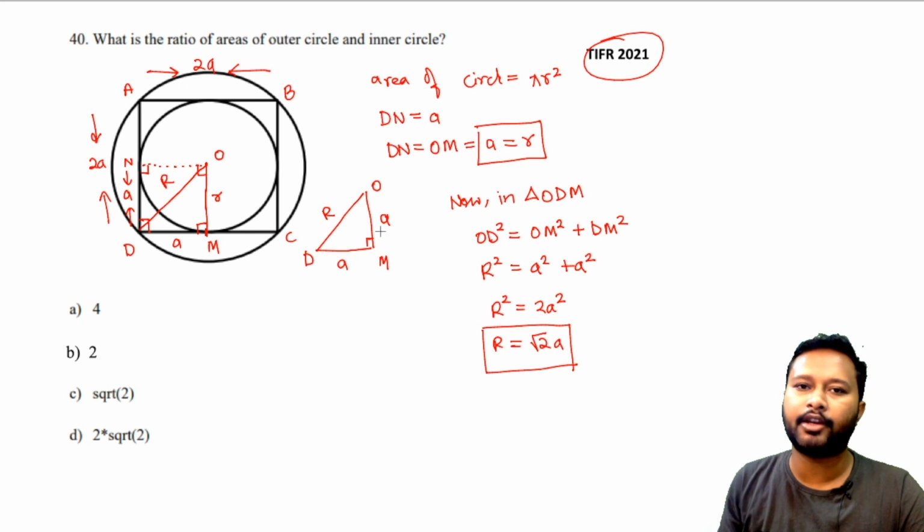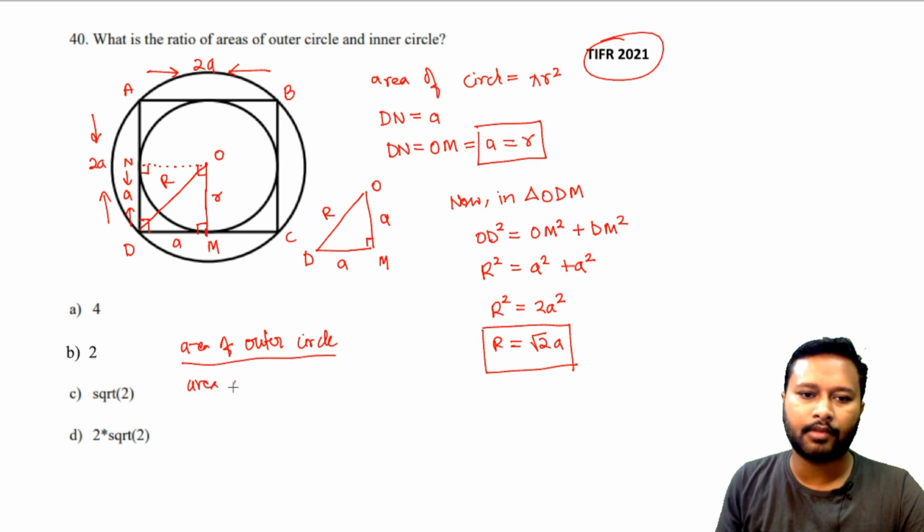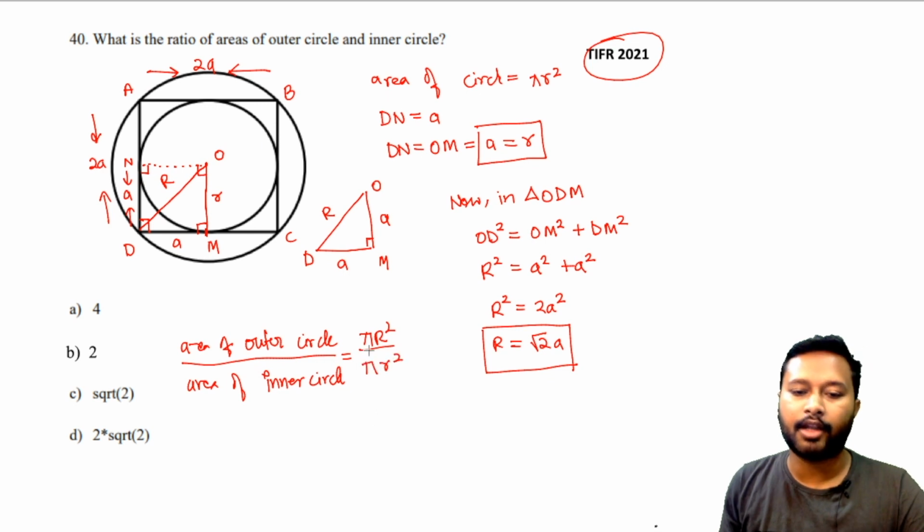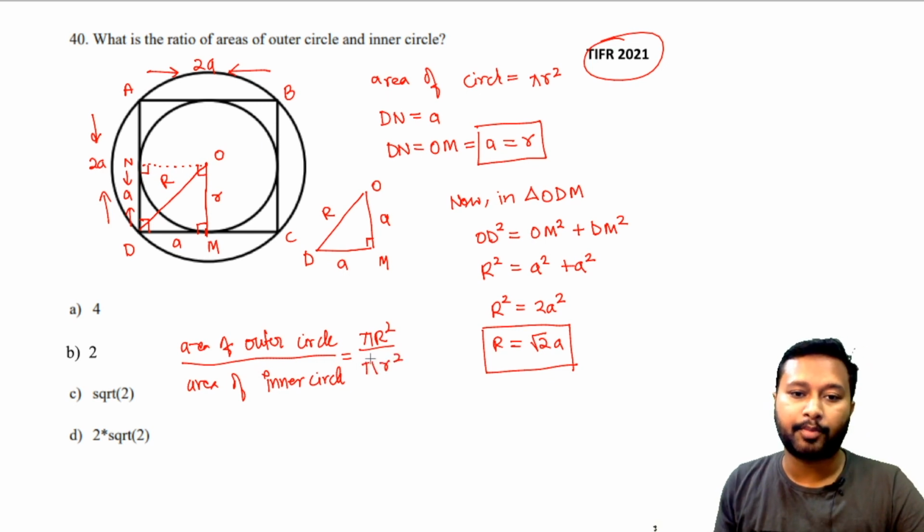Now simply I can find out the ratio of areas of the outer circle and inner circle. So area of outer circle divided by area of inner circle is going to be pi capital R square divided by pi small r square. I'll just substitute the values here. So pi and pi can be cancelled out. You will just get capital R square divided by small r square.